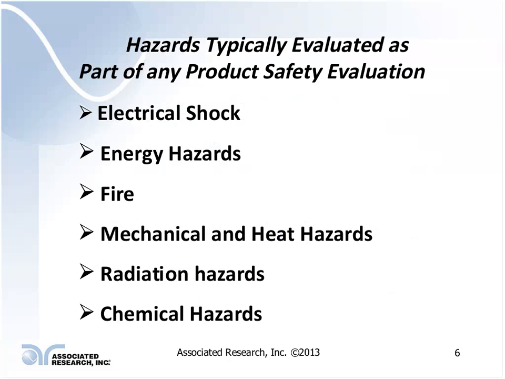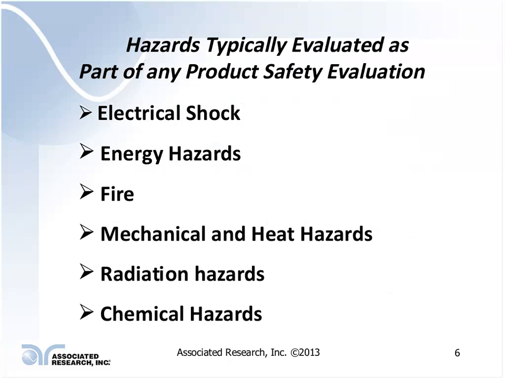Hazards that are normally evaluated as part of the product safety evaluation. The first one is electrical shock. The second is electrical or energy hazards, stored energy. That could be electrical energy, it could be mechanical energy, something that may be spring-loaded. If you pop open a panel, is something going to fly out and cause a particular injury, this type of thing.